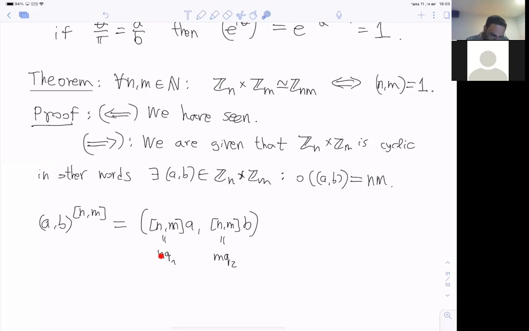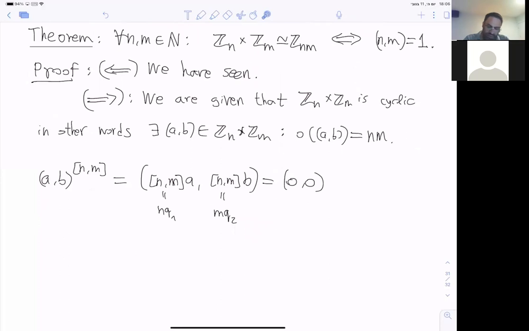If you have n times something and m times something, which is integral, and you are living here, what is this element? It is (0,0), because n times something in Zn is 0.